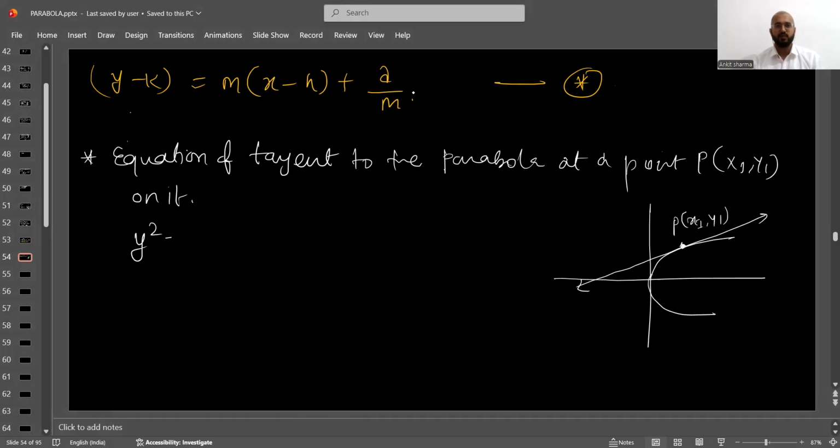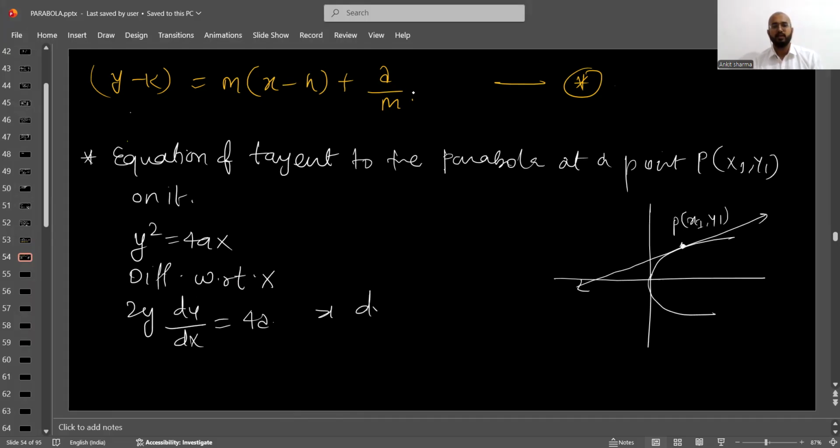So we have y square is equal to 4ax. We'll differentiate this with respect to x. Differentiating with respect to x gives me 2y dy over dx is equal to 4a. So I know my dy by dx will be, this 2 gets cancelled, 2a over y.